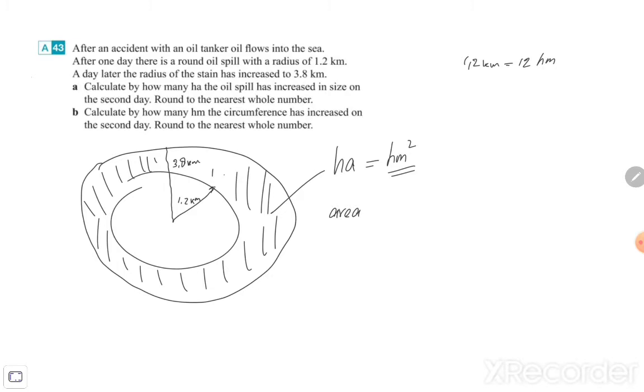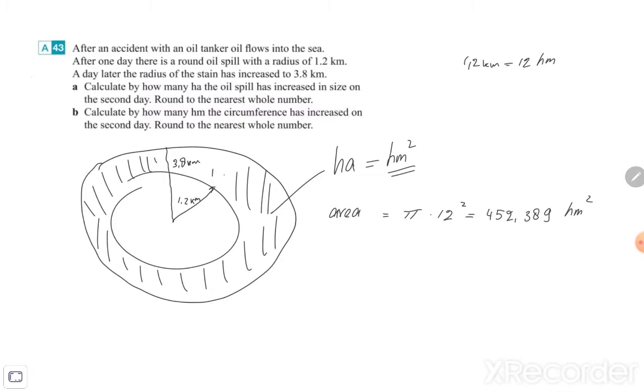So the area of the small circle is pi times the radius squared, so pi times 12 squared is equal to 452.389. Let's round it to 3 decimal places, hectare, square hectometers.